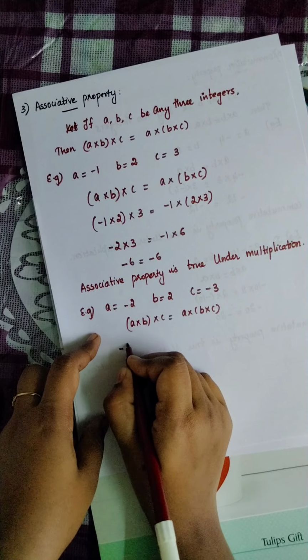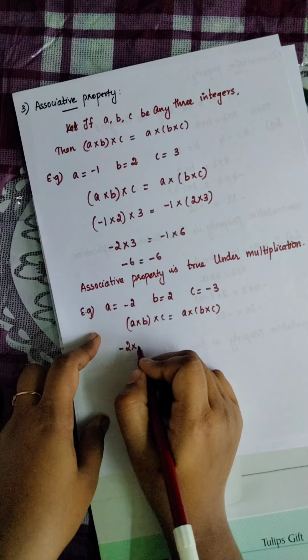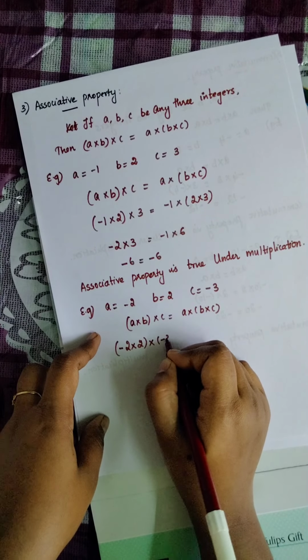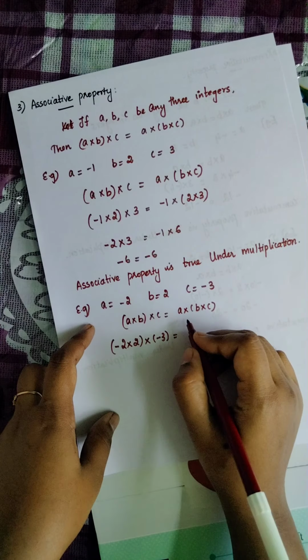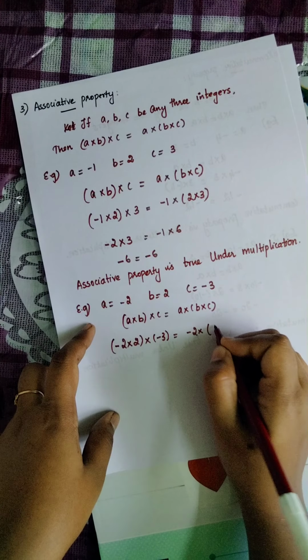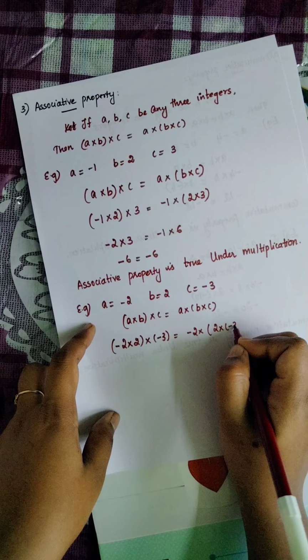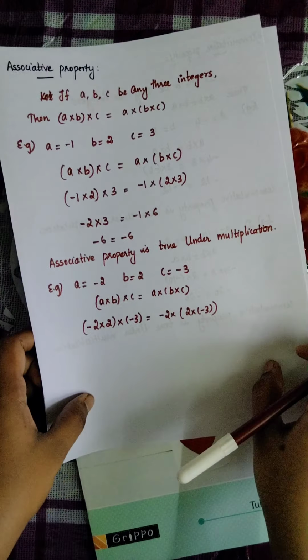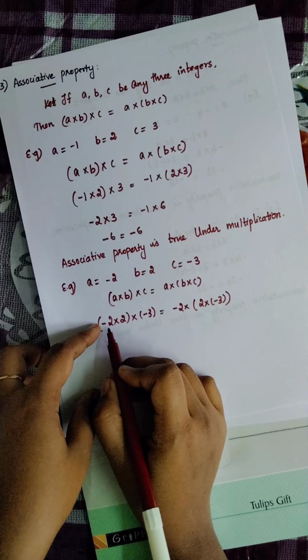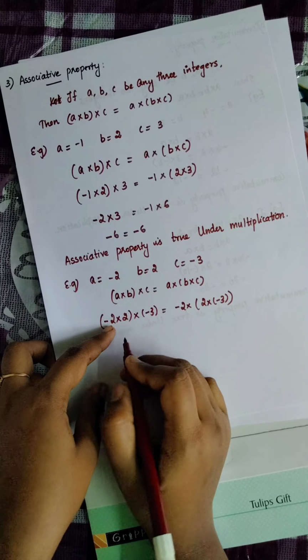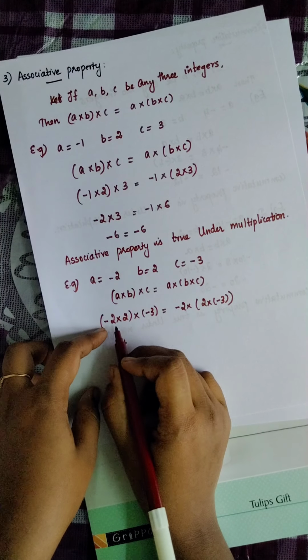It is -2 into value for b is 2, into value for c is -3, is equal to -2 into 2 into -3. We have substituted all the values. Now find the answer. -2 into 2. What is 2 into 2? 2 into 2 is 4, you know, right?